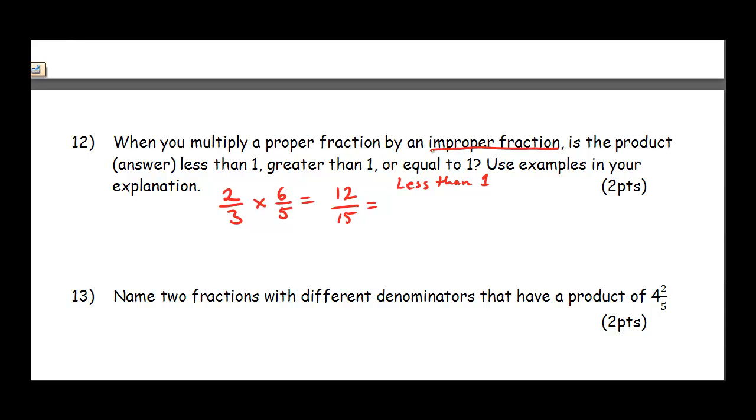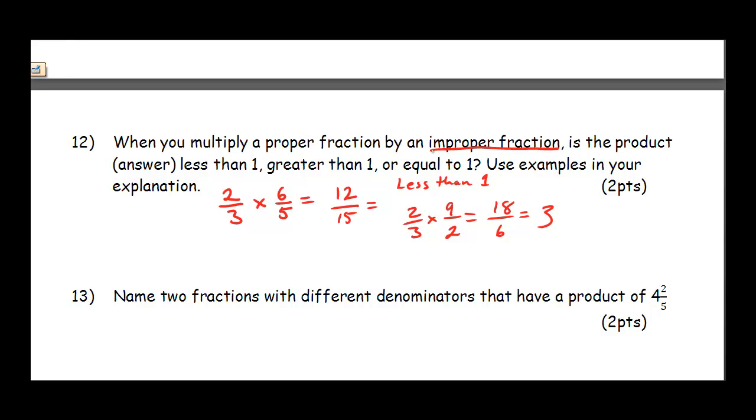But what if I went this? So I went 2/3 times 9 halves. Then we get 18 over 6, which equals 3, which is greater than 1.